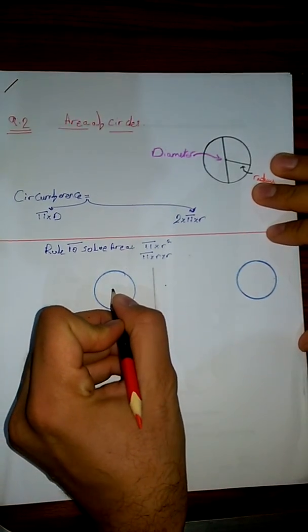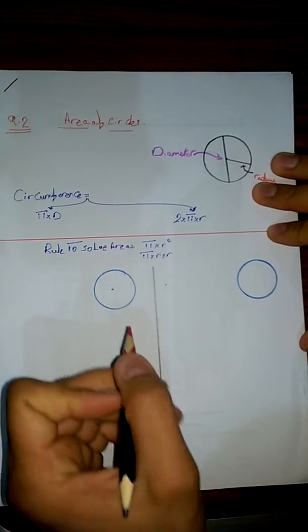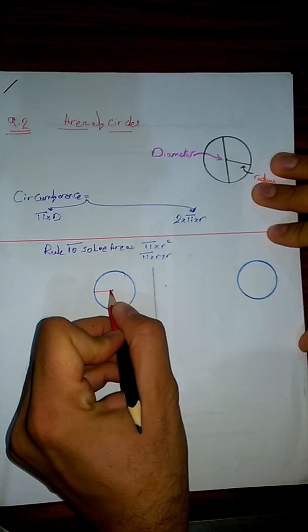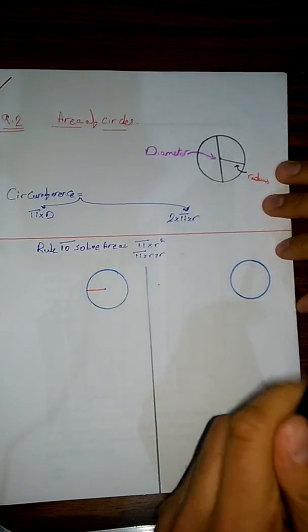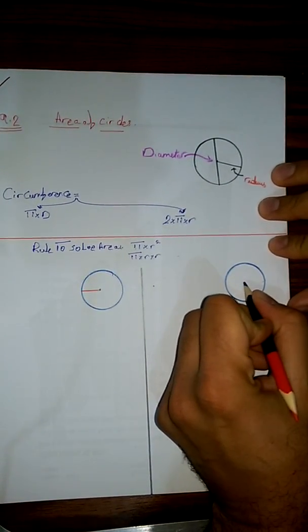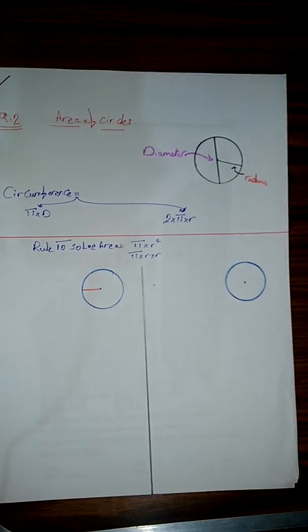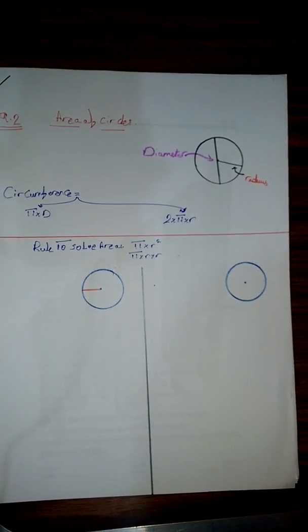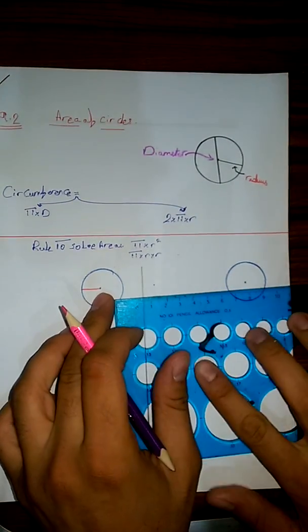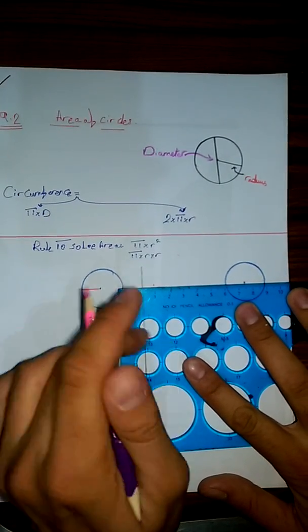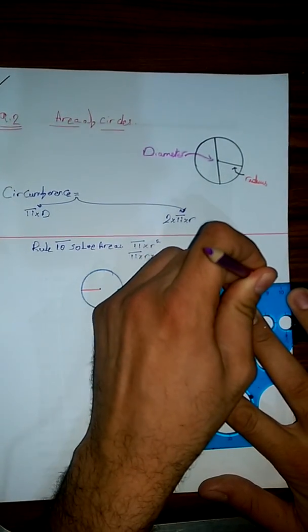One of them has a radius, like that one, and the other one has a diameter, like this one.